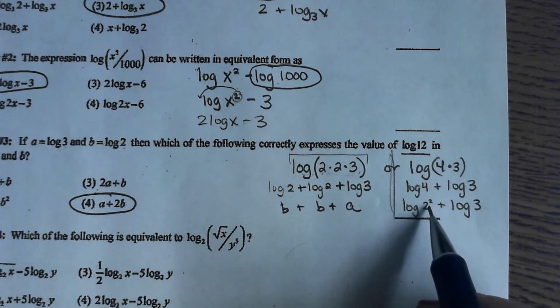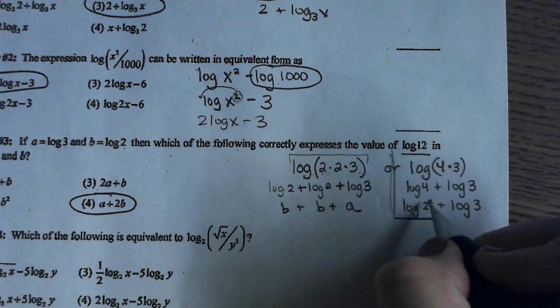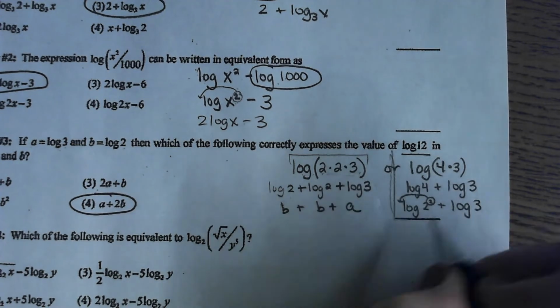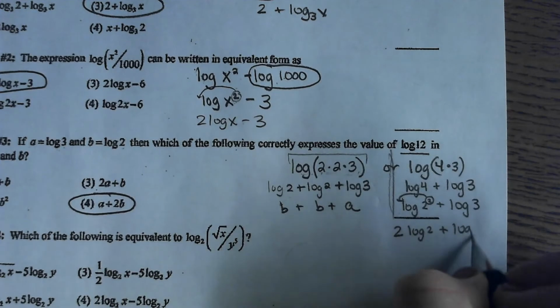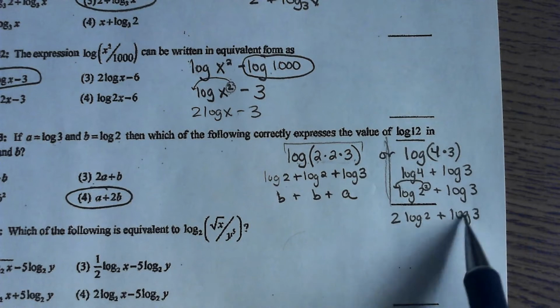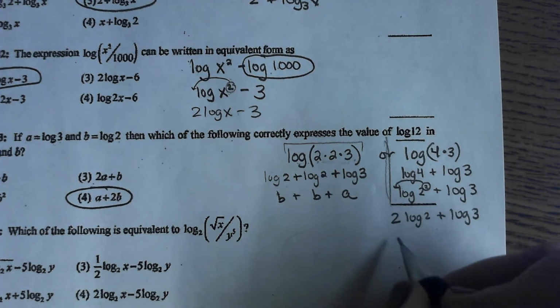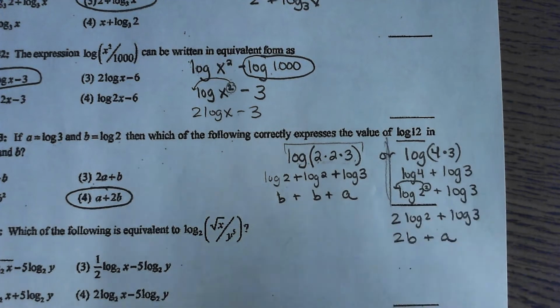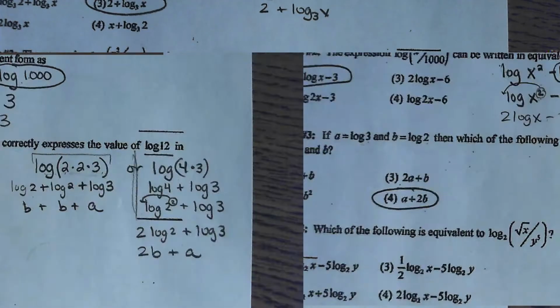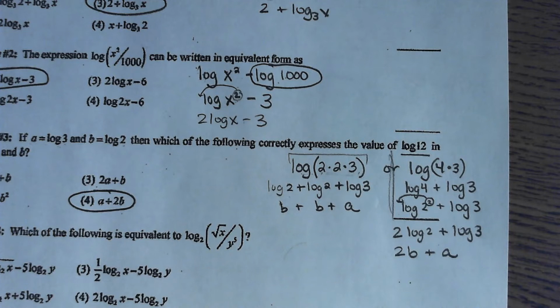And then because there's that number being squared, I can take that exponent out in front. So it's 2 times the log of 2 plus the log of 3. The log of 2, they told me, was b, so there's 2b. Plus the log of 3 is a, so there's 2b plus a. Same thing unfolds, just done differently. Does that make sense?